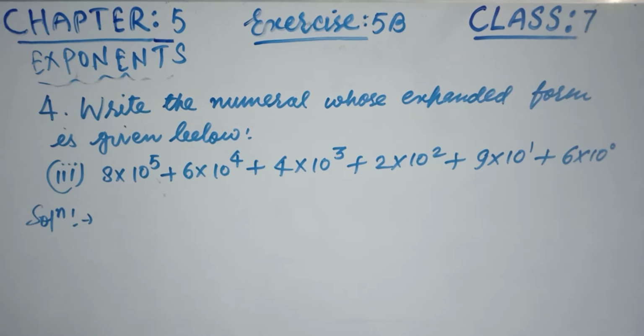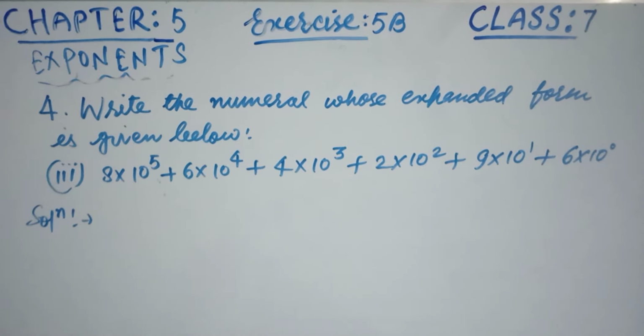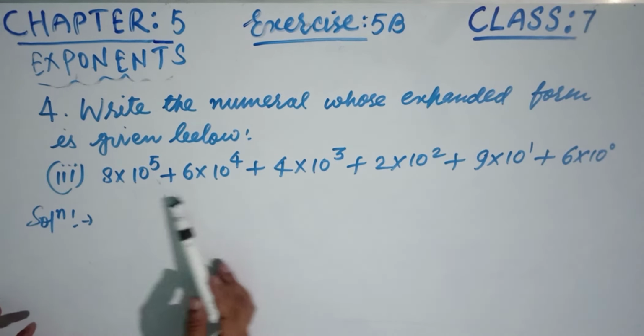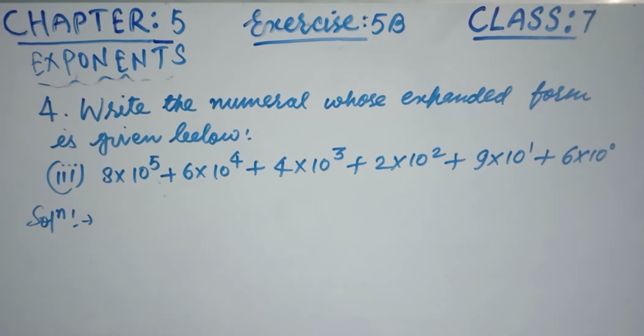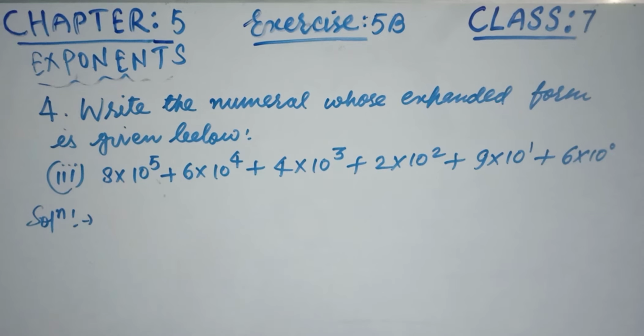Question number 4 says write the numeral whose expanded form is given. Means this is the expanded form and we have to write the number, the numeral. That means we have to add, and whatever number we get is the answer.